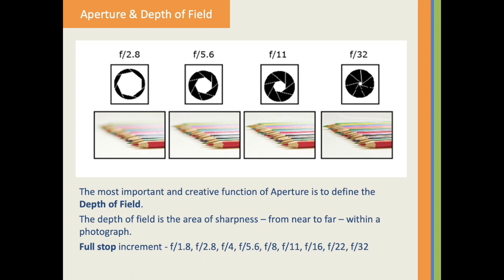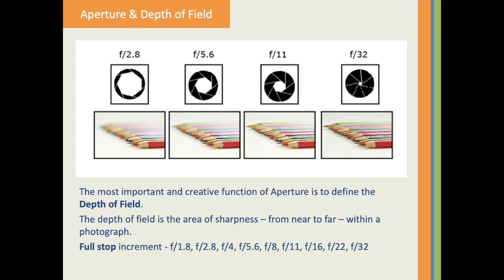In some cameras, you also have a 1/3 increment available in between these full stops. So for example, you go from f2.8 by 1/3 to f3.2, then by 1/3 to f3.5, and then you reach the full stop of f4.